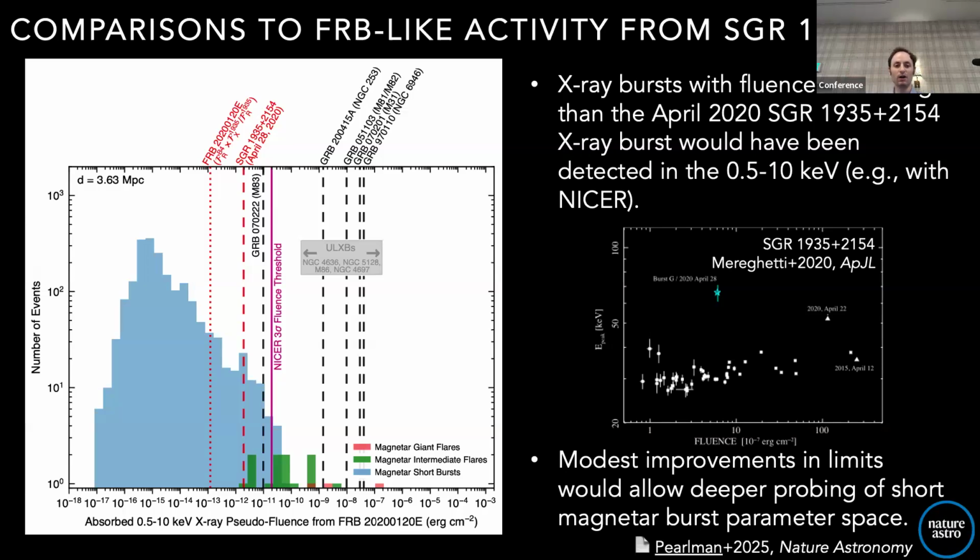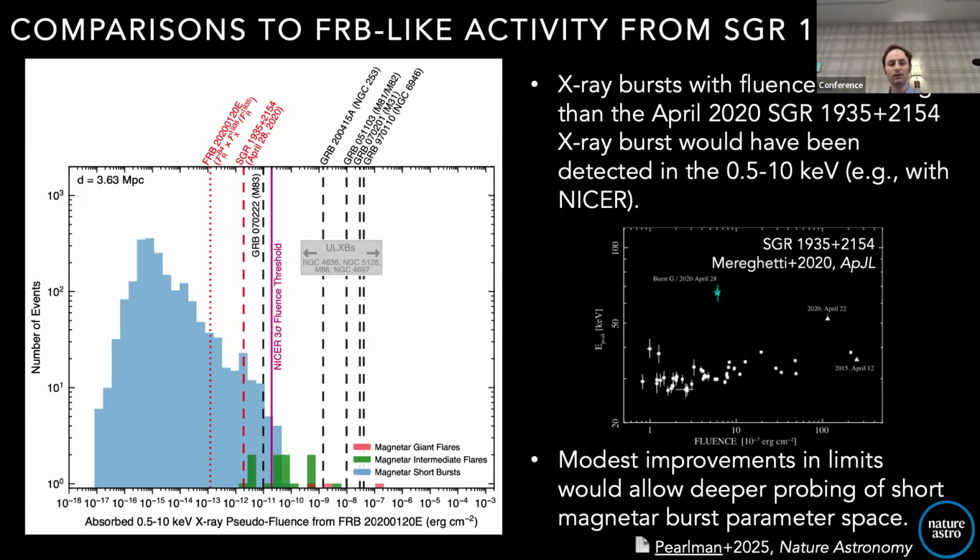So one thing we notice is that these ultra luminous X-ray bursts sit well above our threshold by about an order of magnitude or so. Most of the intermediate flares from magnetars are also well above our threshold, and we're also able to rule out extragalactic giant flares from magnetars as well.